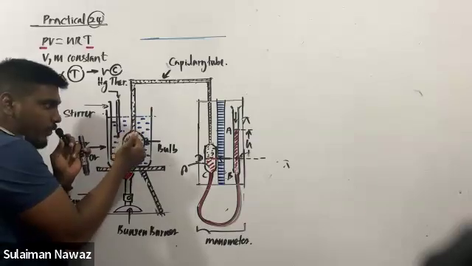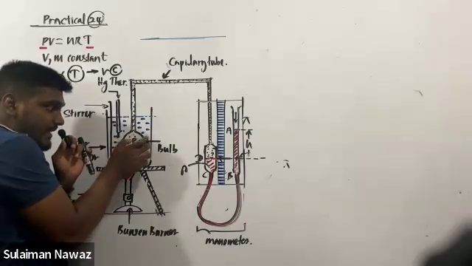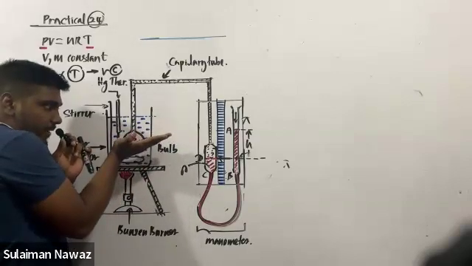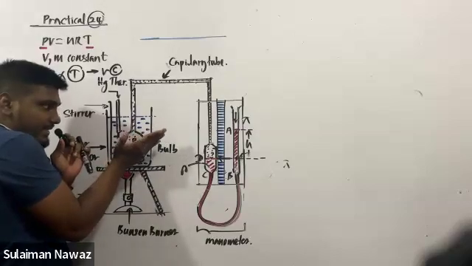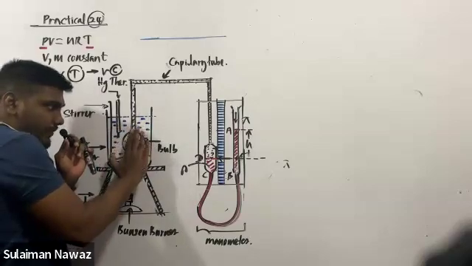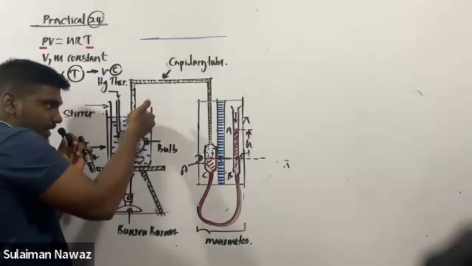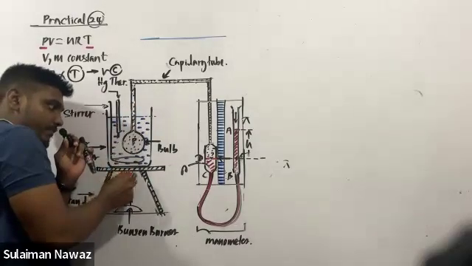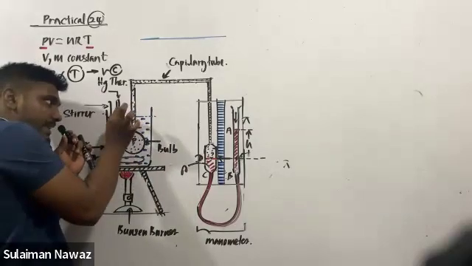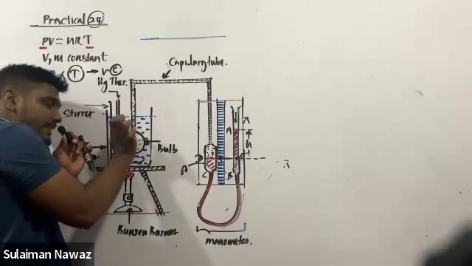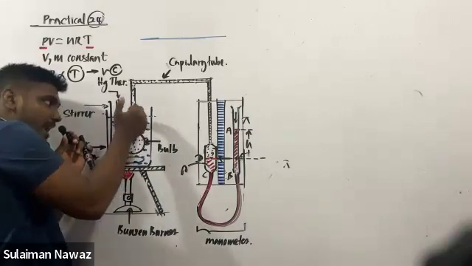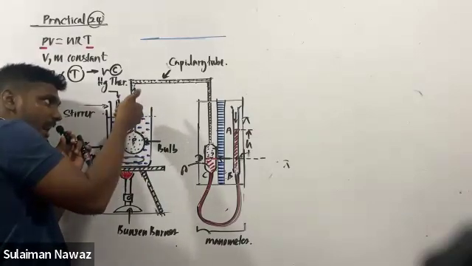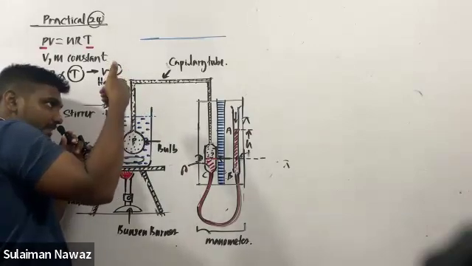But there are some steps to follow. They tell us to obtain readings by increasing the temperature by 10 degrees Celsius each time. For example, if you obtain readings of pressure and temperature at 25 degrees Celsius, then heat the water and again get the readings at 35, then 45, 55, 65, 75, 85, until the water boils, that means until 100 degrees Celsius.